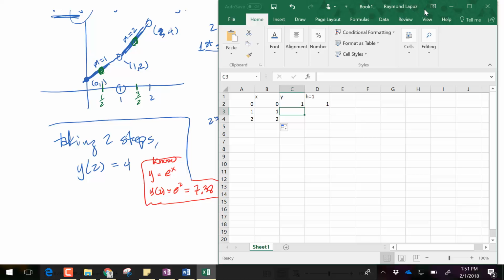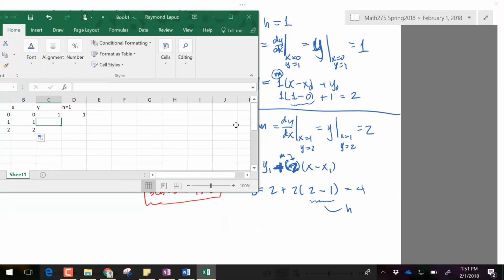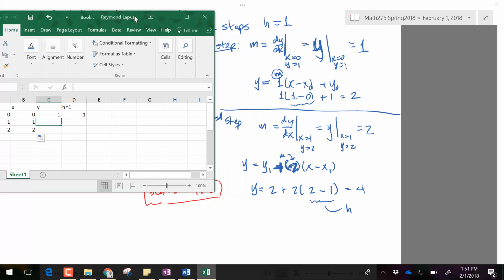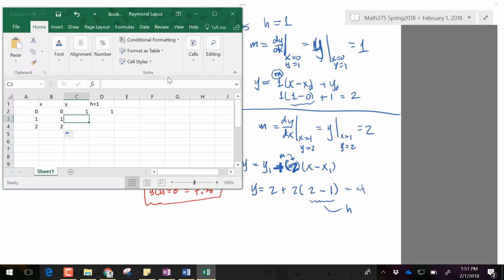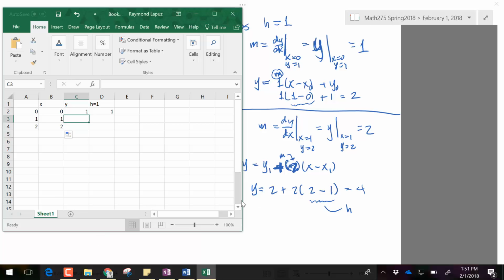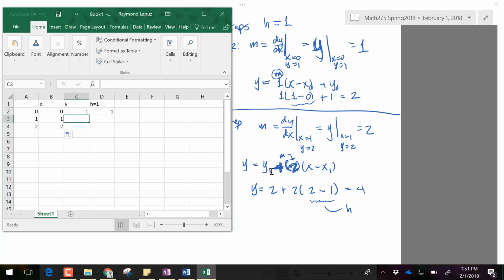So the calculation that we had to do was the calculation where we had to find the equation of the line. We had to take the previous y value. So this is going to be equal to the previous y value plus the slope. So we need to define a function.